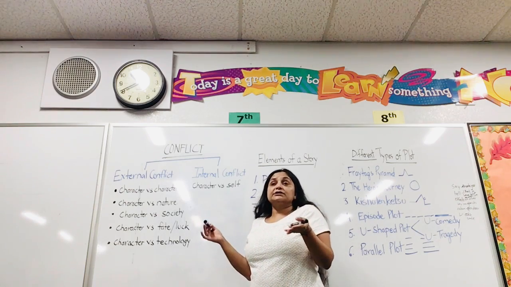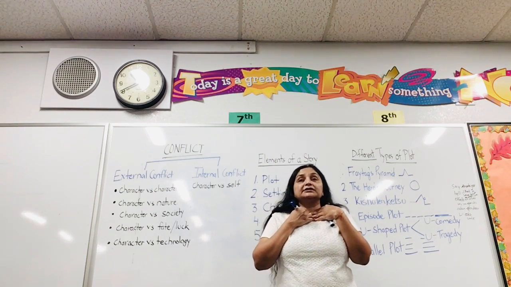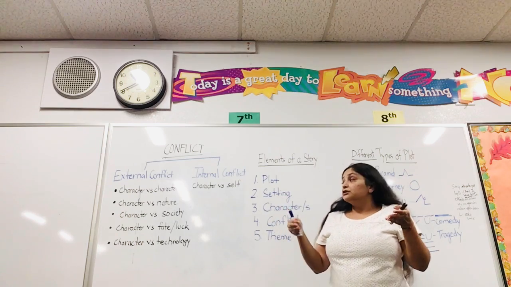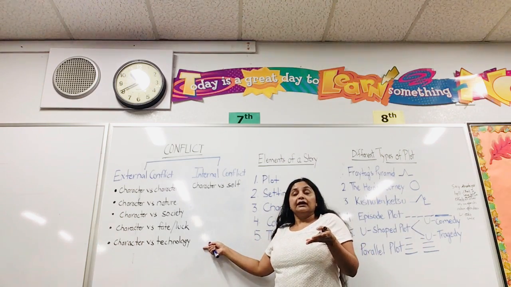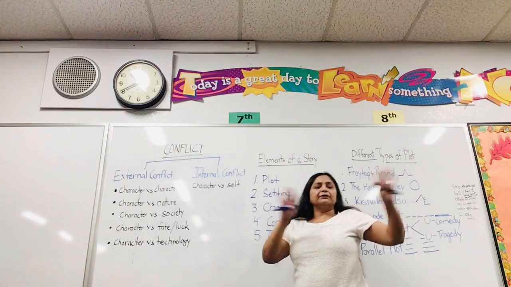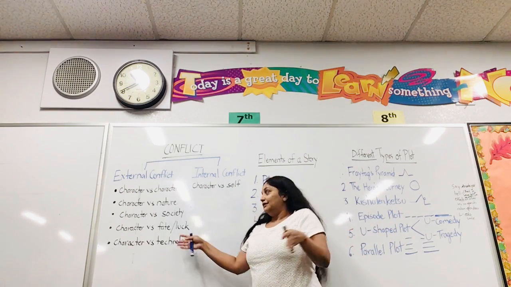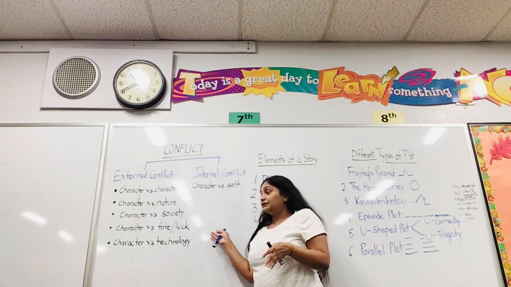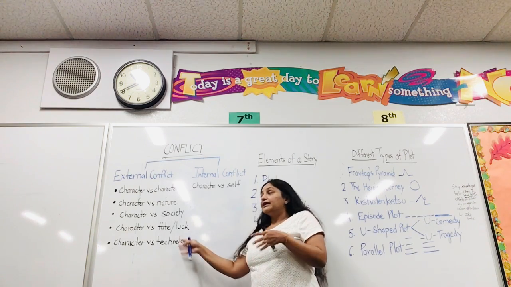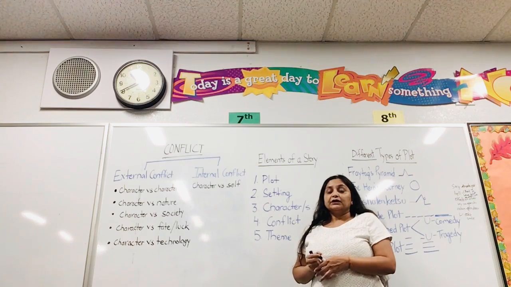That's character versus technology. For example, if I take my example, I have to submit a report to Mr. Sierra, and my report is ready, and suddenly my system crashes. I am not able to turn in that report. That's character versus technology.